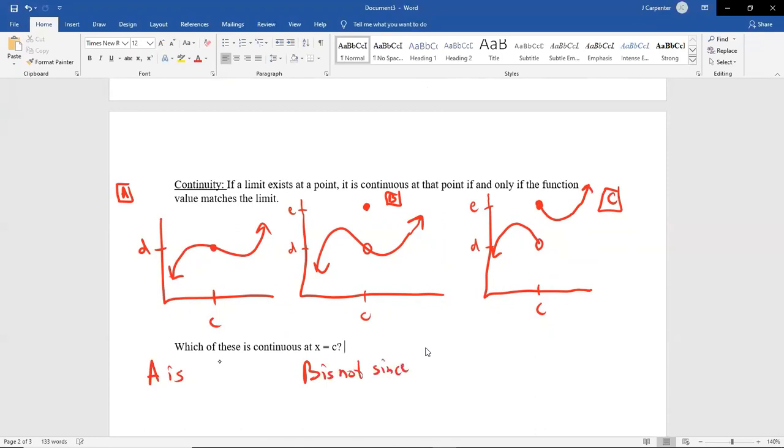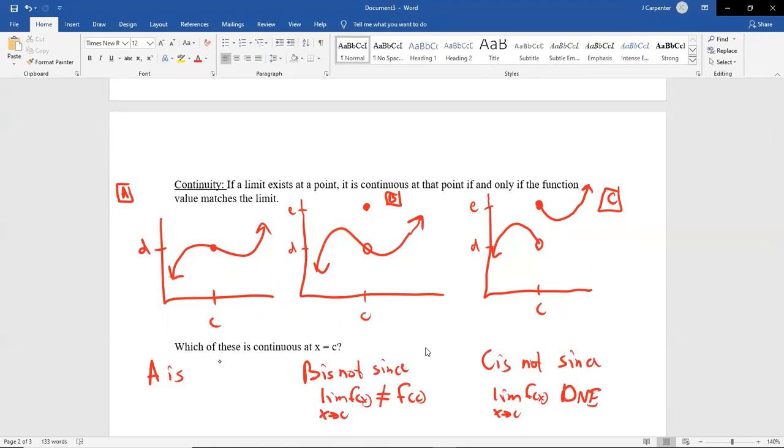So that's because the limit as x approaches C of f of x is not equal to f of C. C is not continuous here because, first of all, the limit doesn't even exist. The left side and the right-sided limits do not match. There's a lot of different cases for continuity at a point.